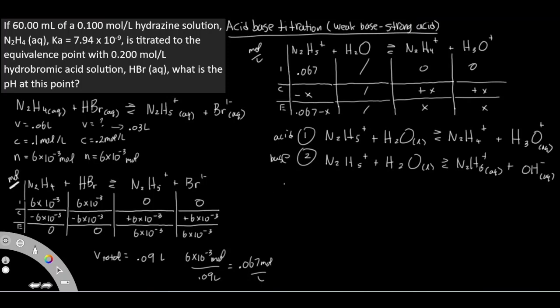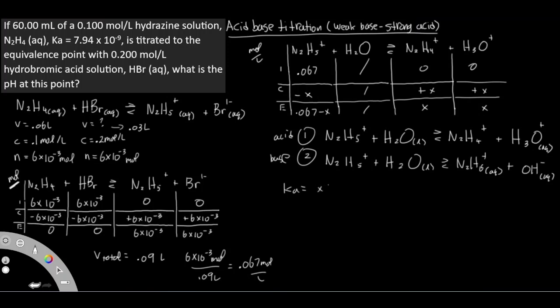So let's bring this down over here. We get our Ka, or do we get our Kb? Well, we're dealing with an acid, because we used the acid route in our ice table, so it's going to be our Ka, not our Kb. So Ka is equal to our N2H4 multiplied by our H3O divided by our N2H5. So what do we get?